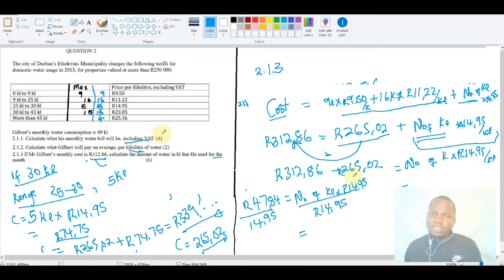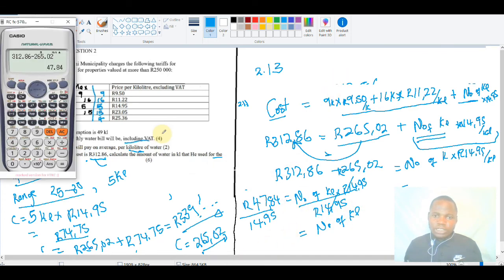So this 14 rand 95 will move from that side, then you remain with number of kiloliters. That side you have 47 rand 84, and you divide with 14 rand 95. Then what is the answer you are getting? You are getting 3.2.